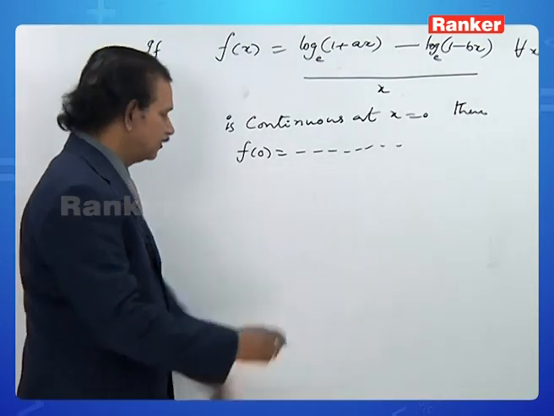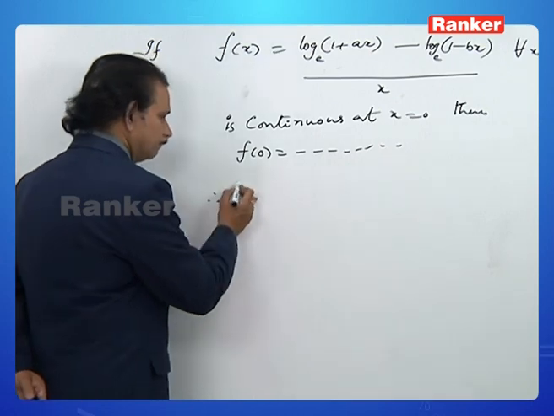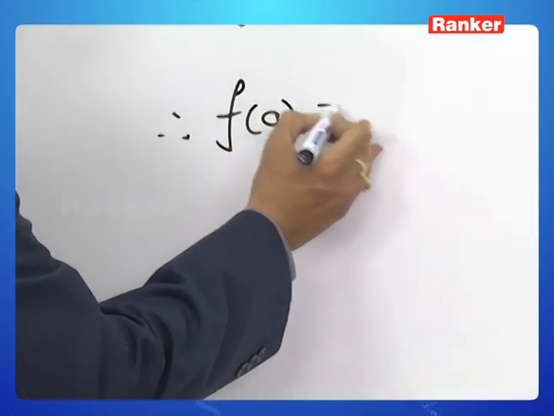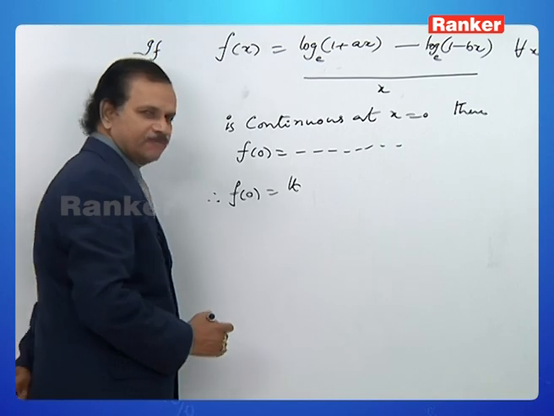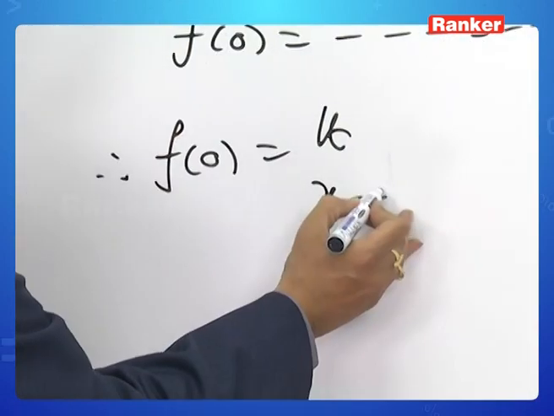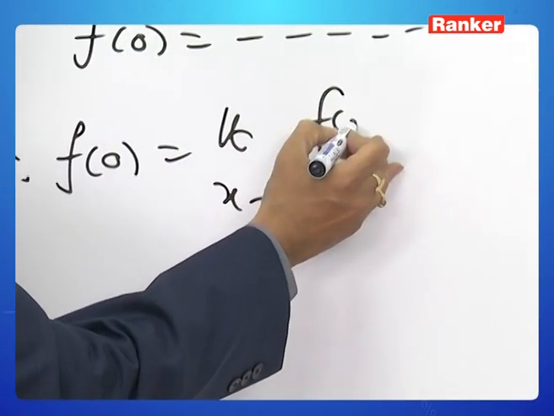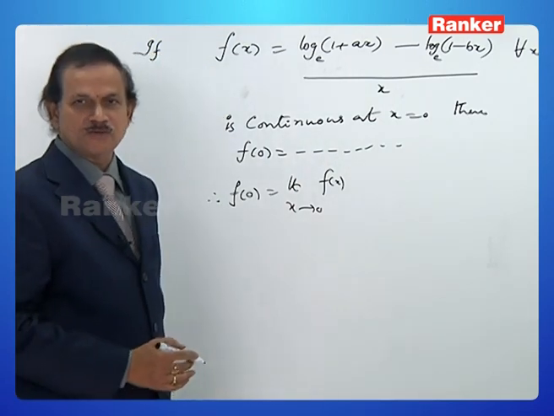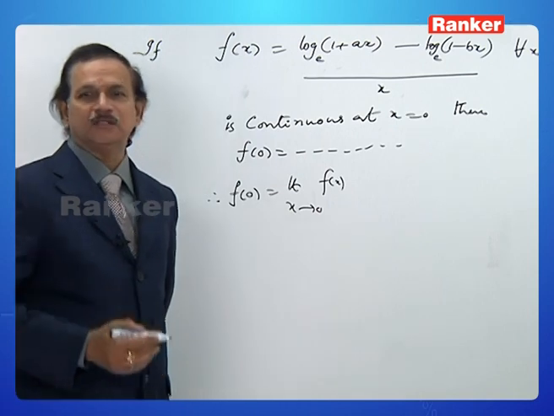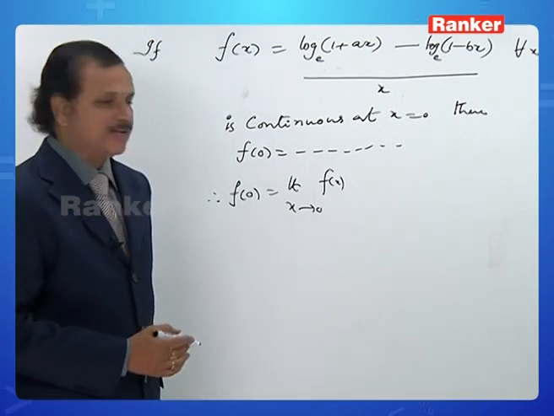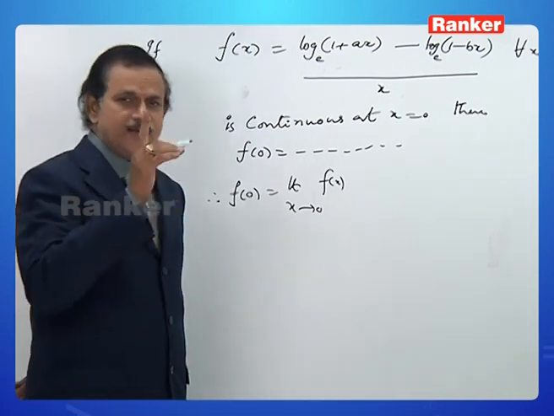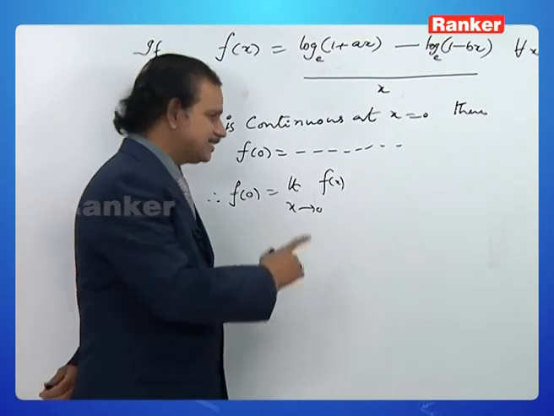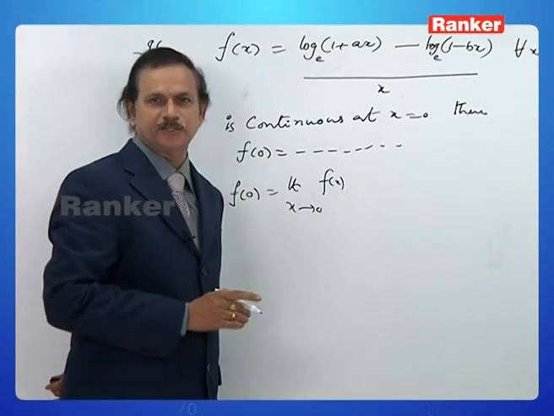F of 0 is therefore, what must be f of 0? Limit as x tends to 0 of f of x. Why? Because it should be continuous at x equal to 0 according to the data. That is why I am making use of the third condition in the definition of continuity.